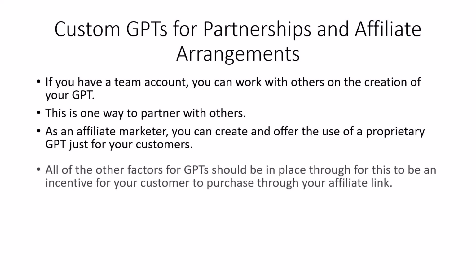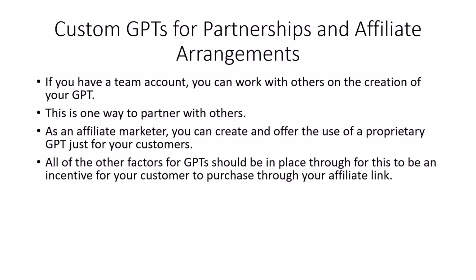So all the other factors of your GPT should be in place: USP, upsell, cross-sell, list building, all those things. What you want to say is, if you buy through my affiliate link, I'll give you access to this GPT. Now, it's not going to make sense to people at the beginning, but here's what's going to happen.